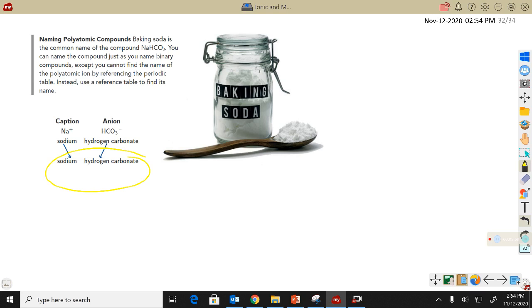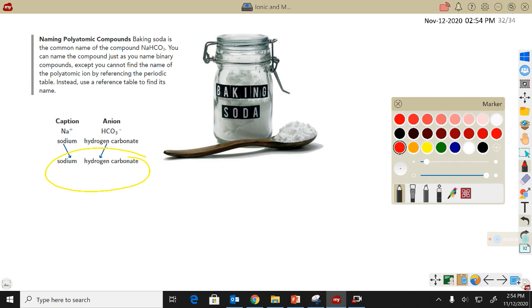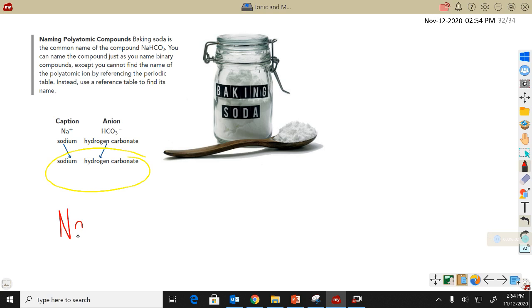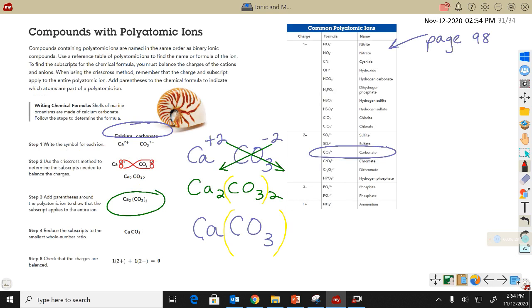Well, I see sodium, and I know sodium is Na, and I have to find the charge, so I look at my periodic table. Sodium's in group 1, and everything in group 1 is +1, or 1+. Then if you see that the final ion, the negative ion in the back, ends with ATE, that's the red flag to go to the chart.